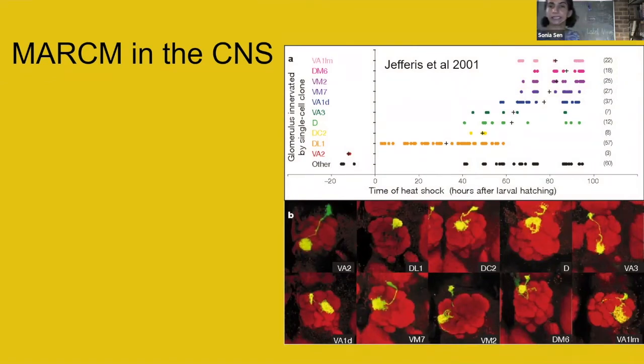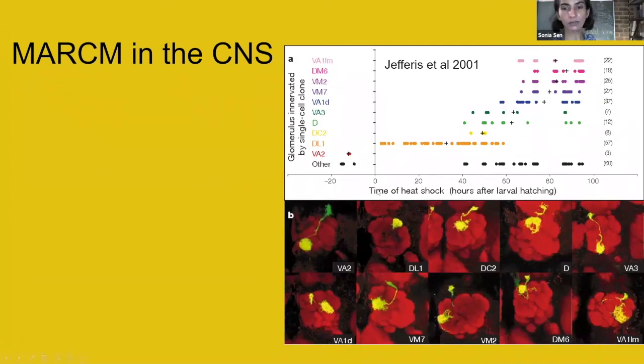So here, basically, they used exactly that type of MARCM analysis in the antennal lobe, one of the stem cells that make projection neurons in the antennal lobe. And what they found was that, remember, you come in with the flip, right? You have heat shock control over the flip.